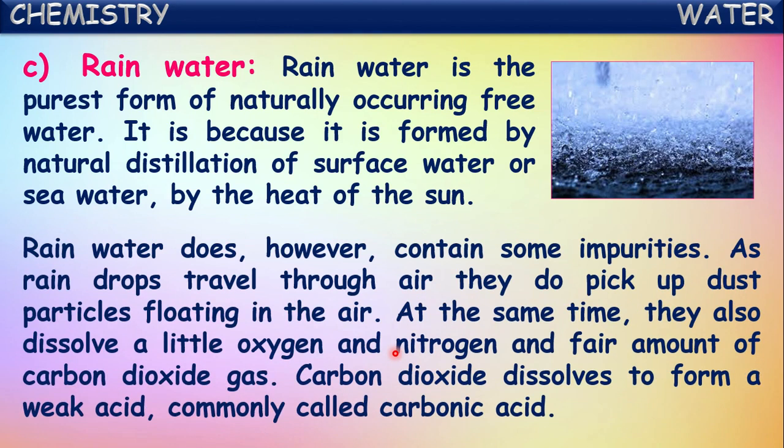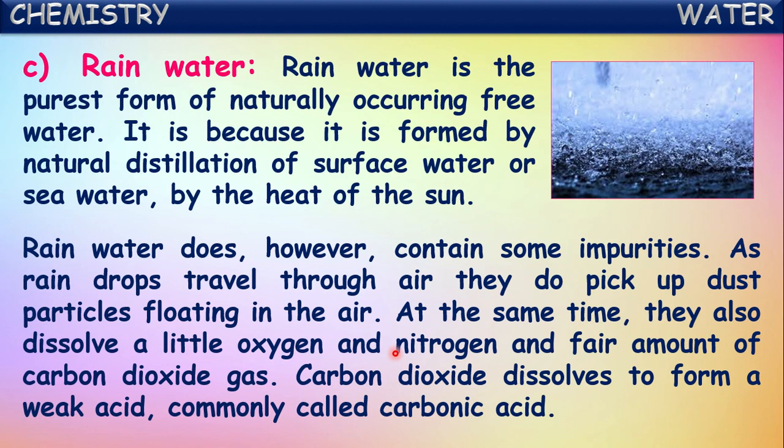Rainwater does, however, contain some impurities. As raindrops travel through air, they do pick up dust particles floating in the air. So actually we say that when it starts, rainwater is the purest form. But in its journey, while reaching the earth's surface, it dissolves certain dust particles present in the air.